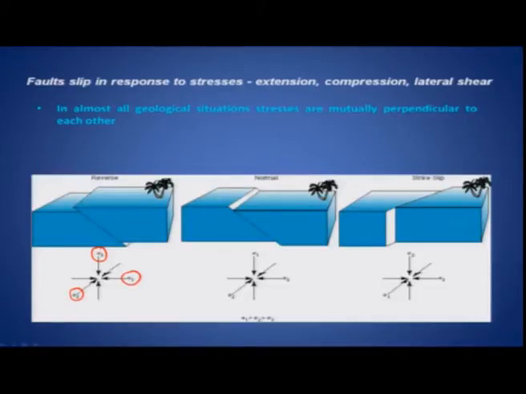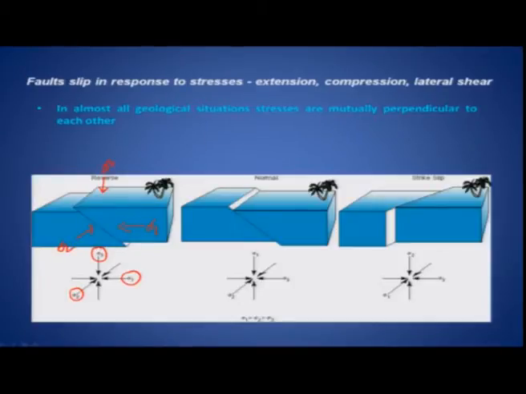Depending on where the maximum stress is acting and where the minimum is, you will find different types of displacements. In reverse faulting, the maximum stress is along this direction and the minimum is at the top, so this is sigma 3 here, and we have sigma 1 along the fault plane, and sigma 2 here.